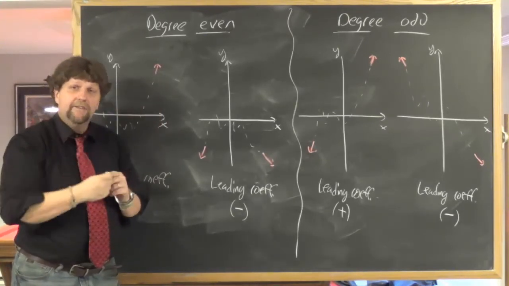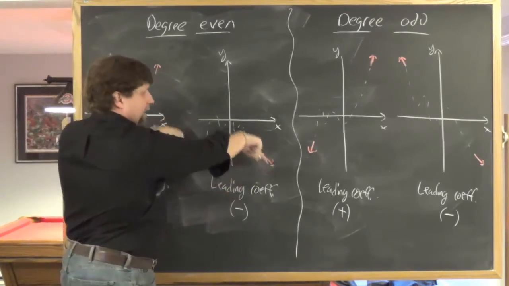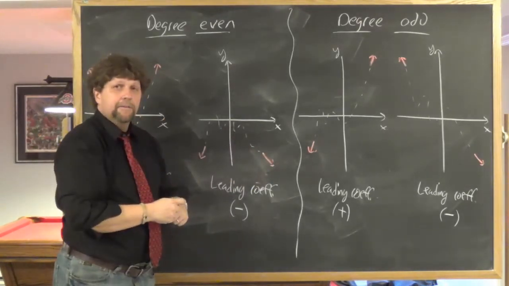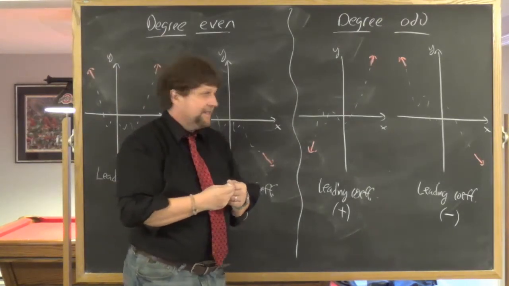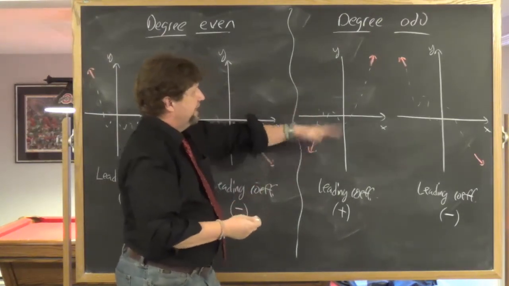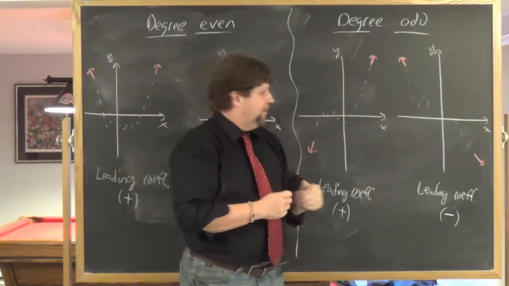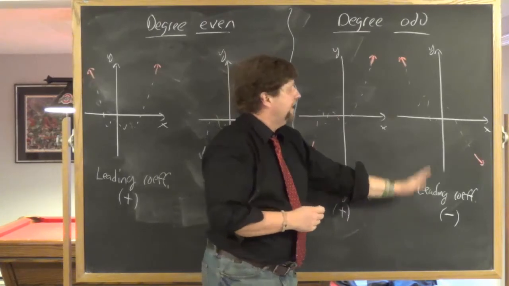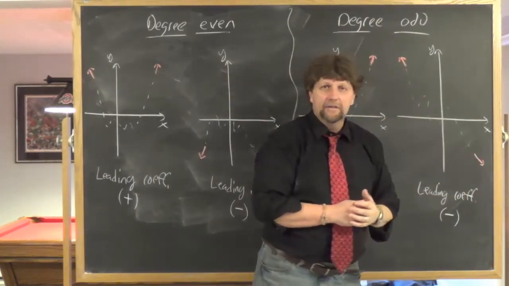If my degree is even and my leading coefficient is negative, I know both ends are shooting down. If my degree is odd and the leading coefficient is positive, I know this end is shooting down, that one's going up. Or if it's an odd degree polynomial and the leading coefficient is negative, I know that's going up and this end is going down.